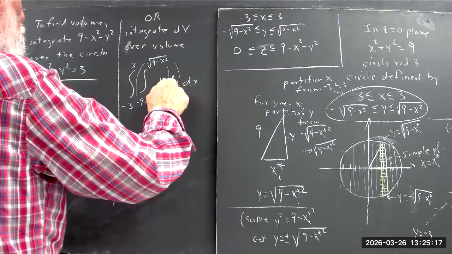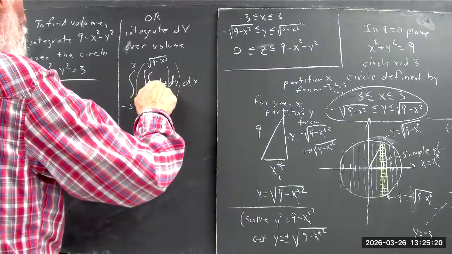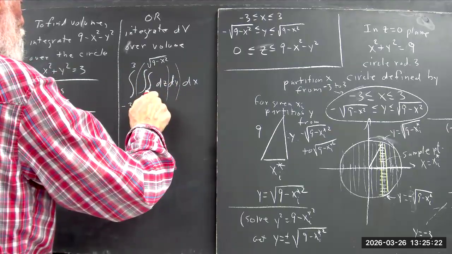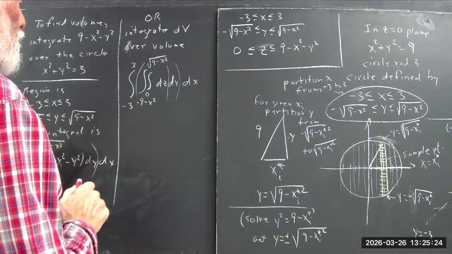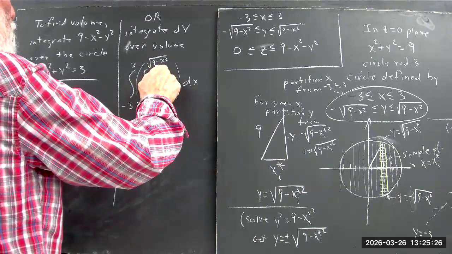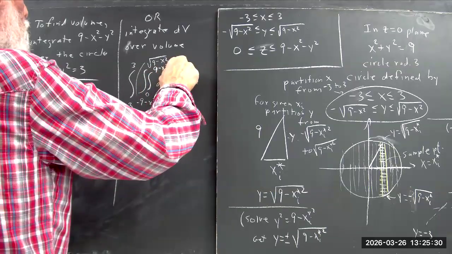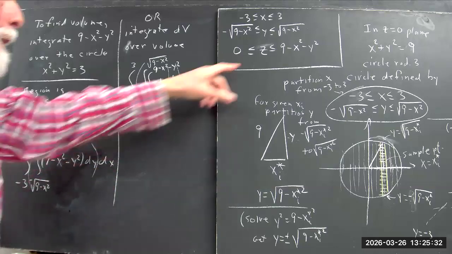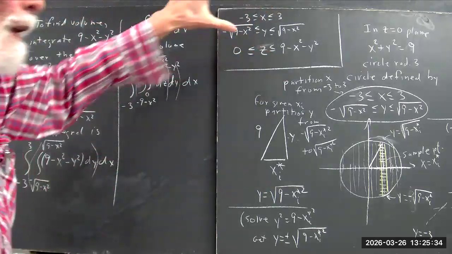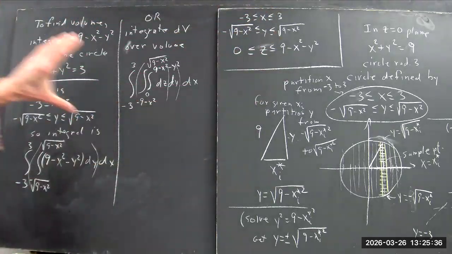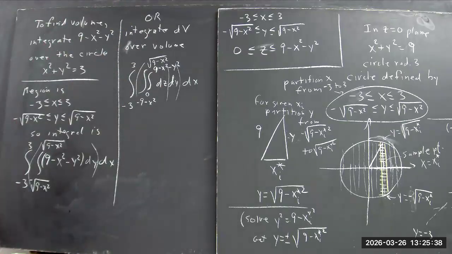And then for z, 0 and 9 minus x squared minus y squared. Right there it is. If you have the inequalities, you write down the integral, boom. Okay?